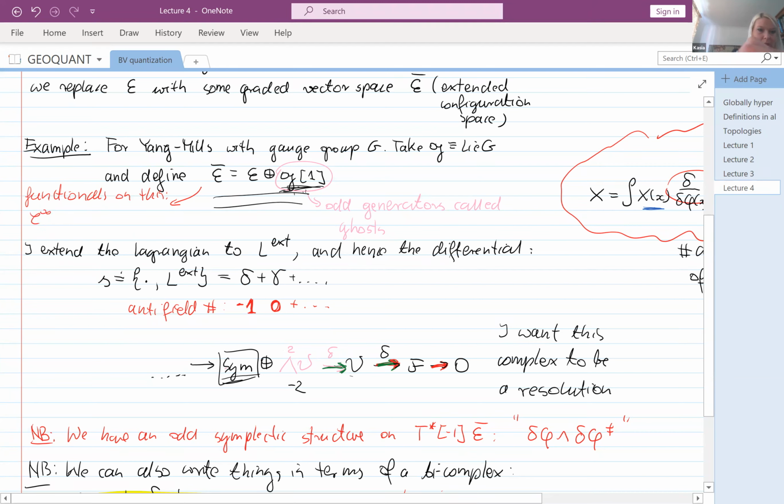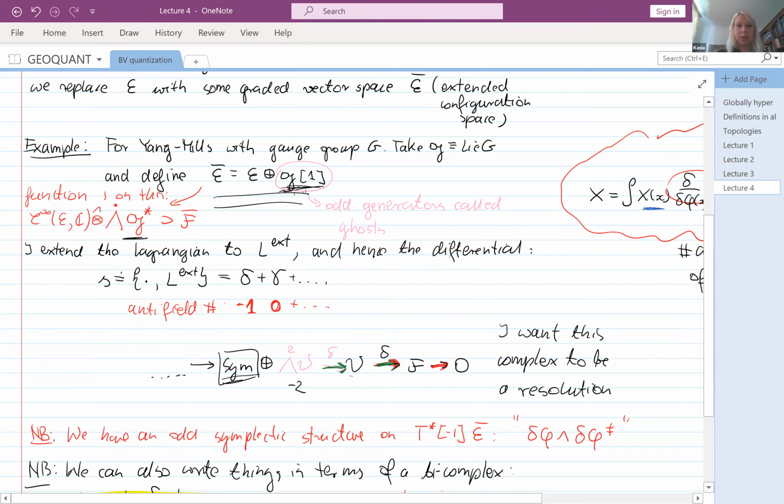So let's say C infinity of E, complex valued, some kind of completed tensor product with the dual of the exterior algebra over the dual of G. So yes, the duals of the ghosts are now in the space of functionals on E. So the space of nice functionals on E contains in particular the duals of ghosts.